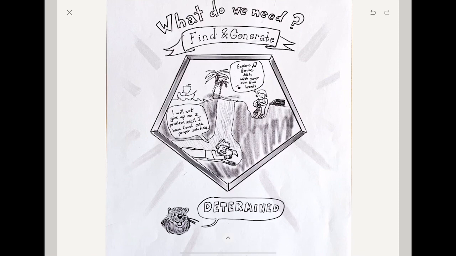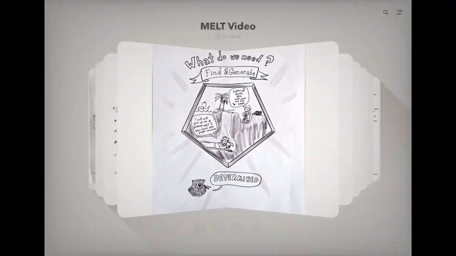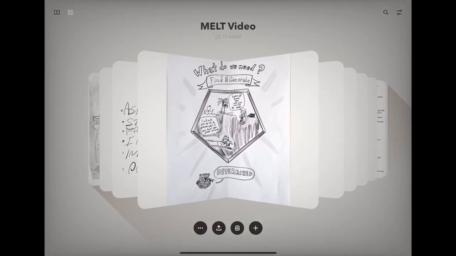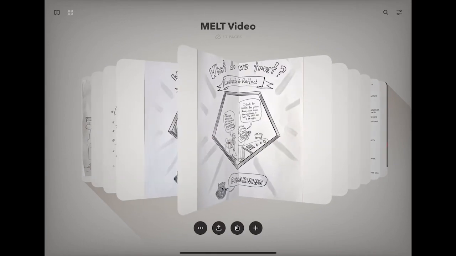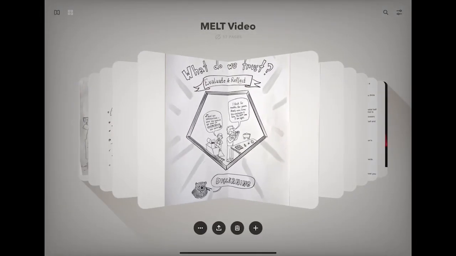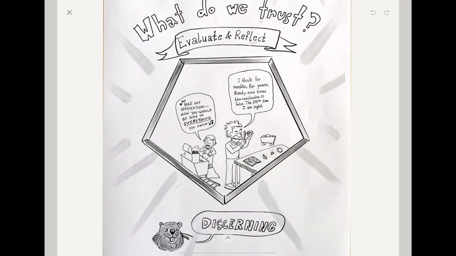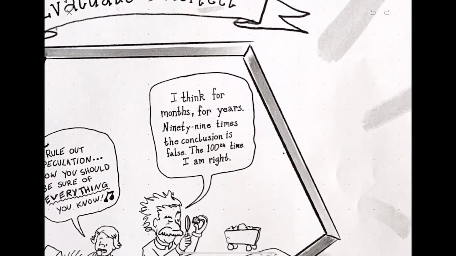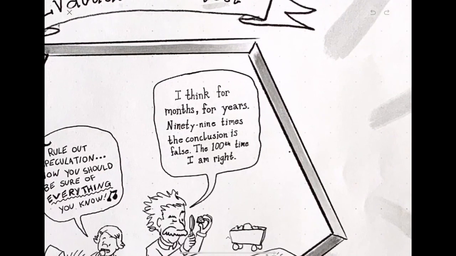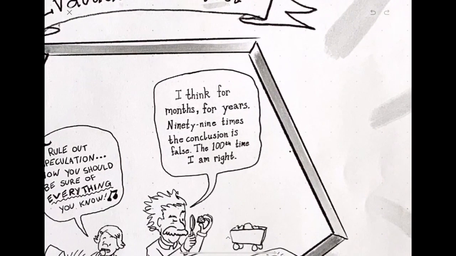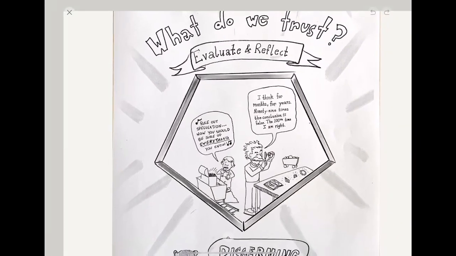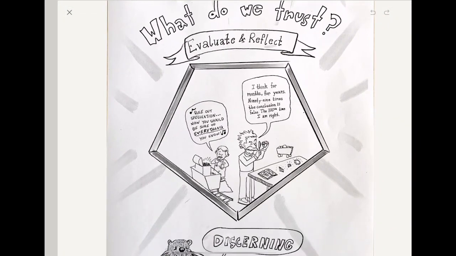Once we have a sense of addressing what we need in terms of information and data, then we have to answer the question, what do we trust? This is the very evaluative question. We have to think of being discerning, weighing up the value of information. Einstein said, "I think for months, for years, 99 times the conclusion is false. The 100th time I'm right."